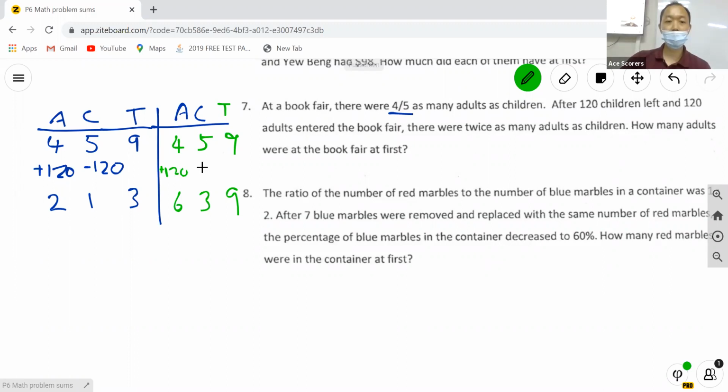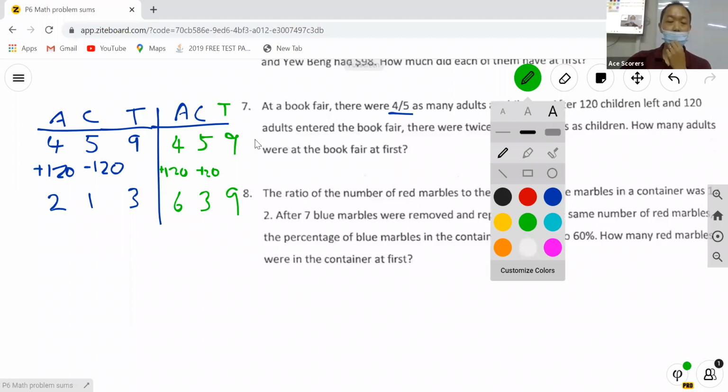Here is still minus 120. But now we have a better picture of what's going on. Because you can see that the number of children at first is 5. You take away 120, becomes 3. Number of adults is 4. You add 120, becomes 6.